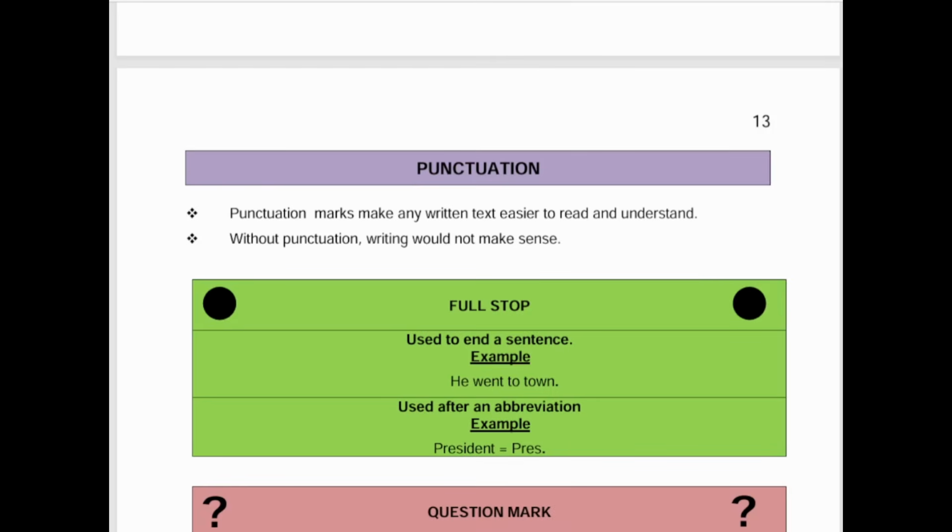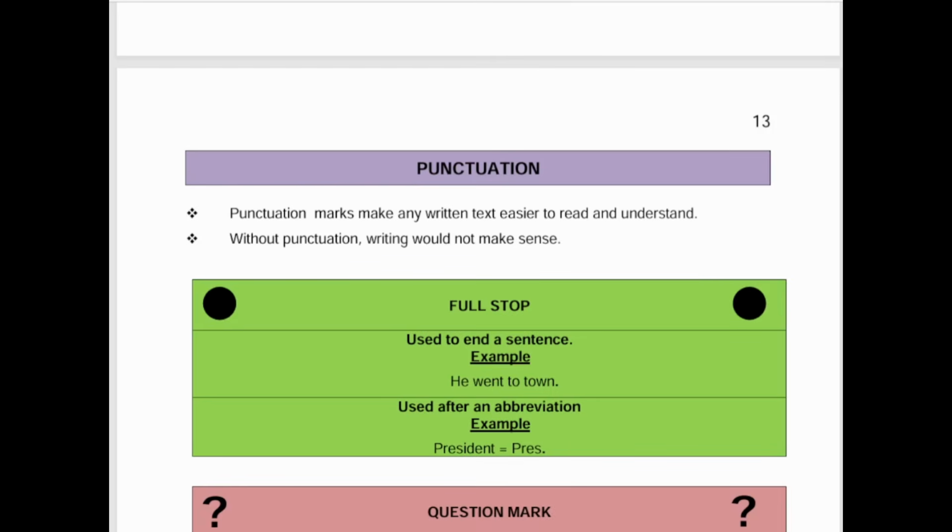I would like us to learn about punctuation now. Punctuation marks make any written text easy to read and understand. If there were no punctuation marks, reading could be difficult. You could struggle reading without even pausing, and you would even get very tired.